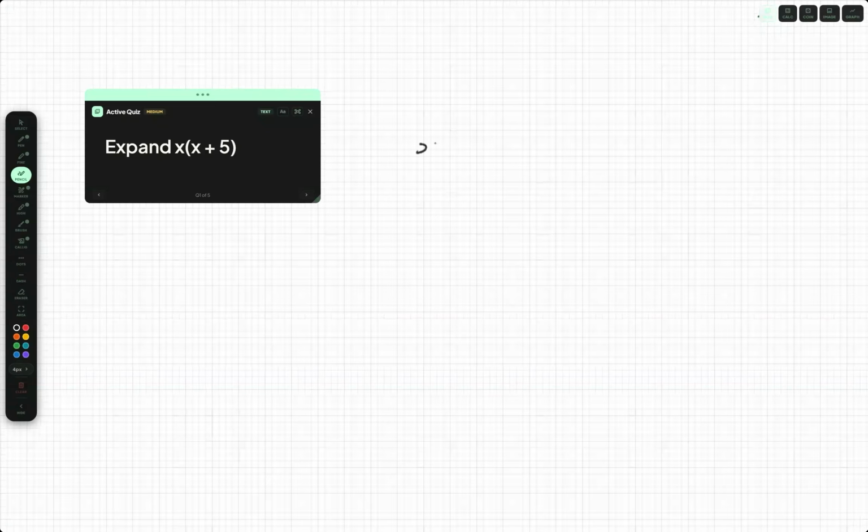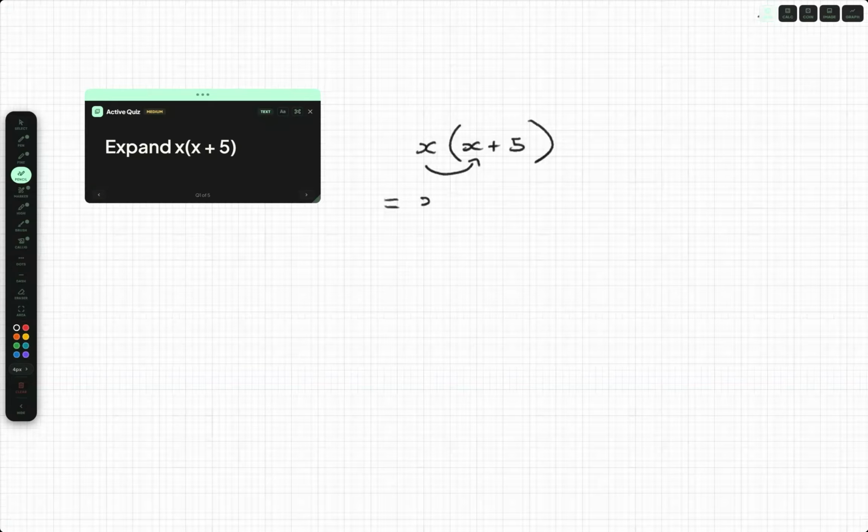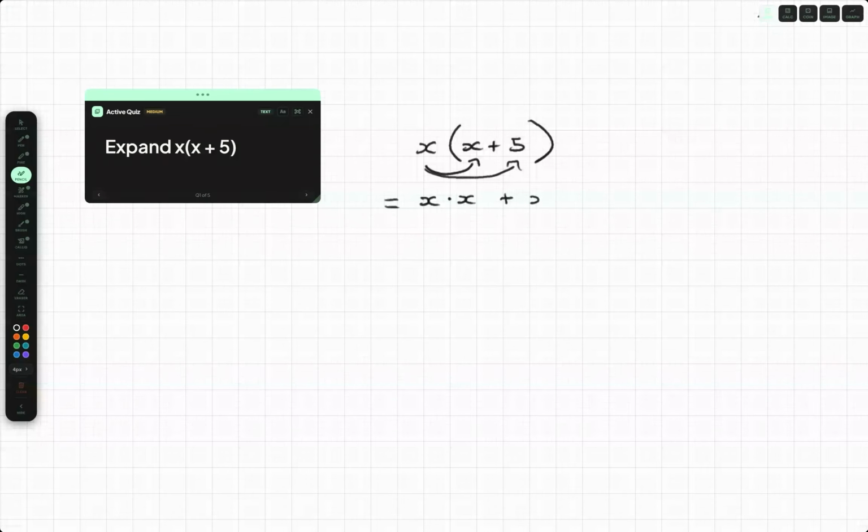So our first one here is x multiplied by x plus 5. Now the same idea applies here, except you have to remember what happens when we multiply a pronumeral by another pronumeral. So x multiplied by x plus x multiplied by 5.